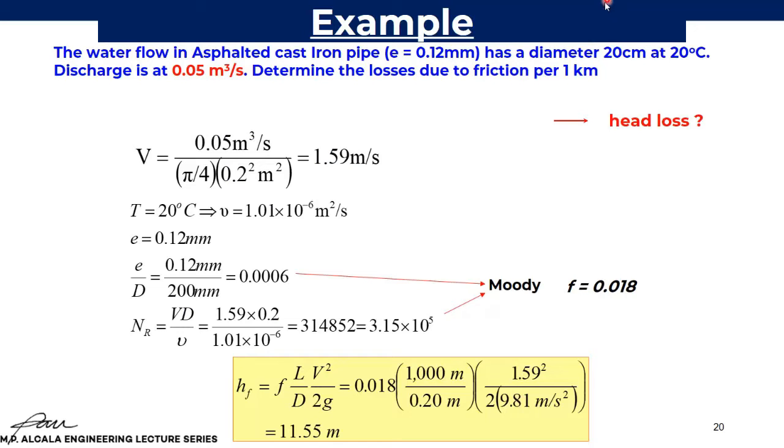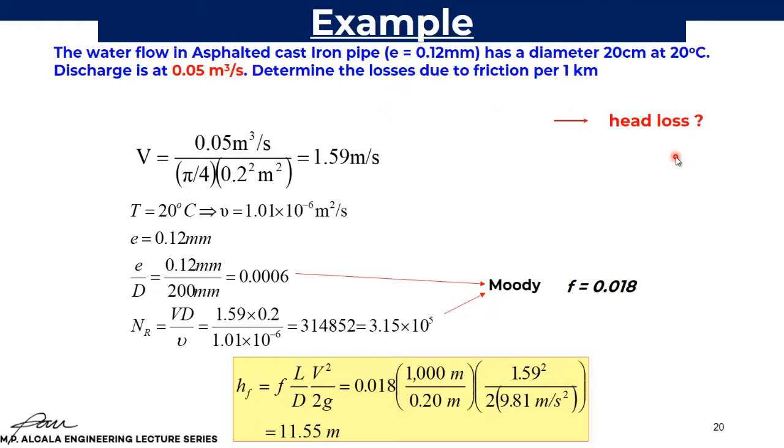Water flows in an asphalted cast iron pipe with a roughness of 0.12 millimeters and a diameter of 20 centimeters. At 20 degrees Celsius, the discharge is 0.05 cubic meters per second, and we are to identify the loss due to friction per 1,000 meters or 1 kilometer.